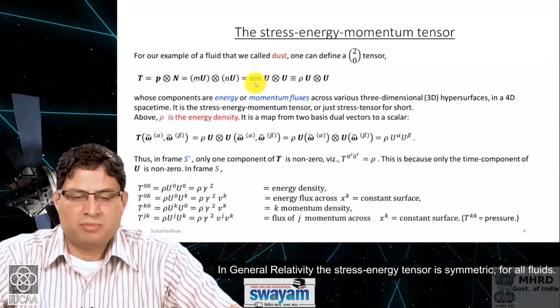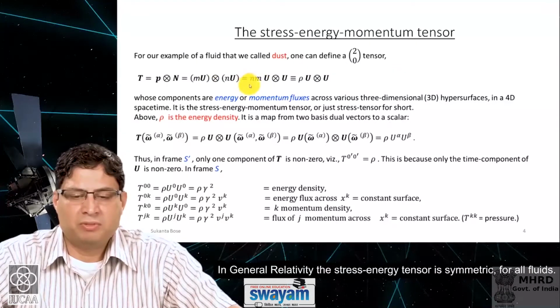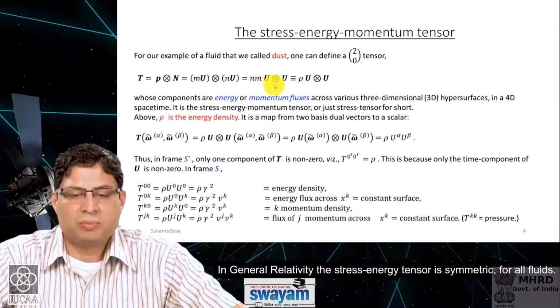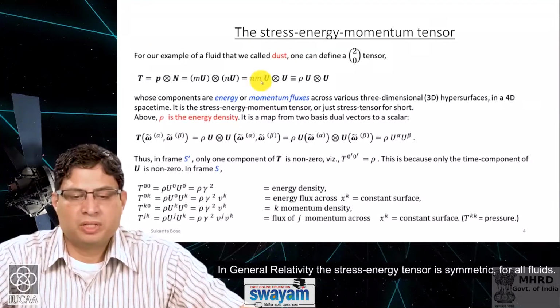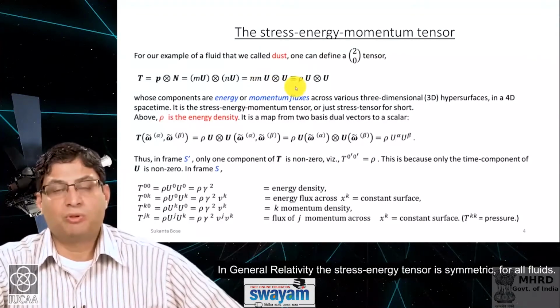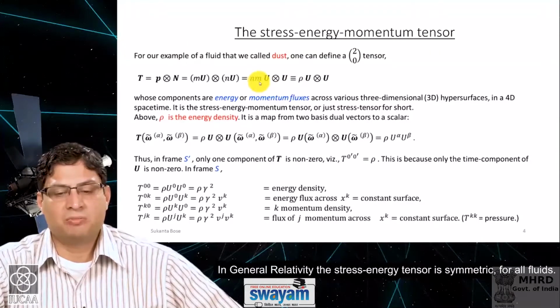Now, n times m, namely the number density multiplied with the rest mass, is nothing but the rest mass density, right. If you were to expand this to involve energy, so replace m with the rest energy of a particle, which of course is just the rest mass, then this would be the rest energy density.